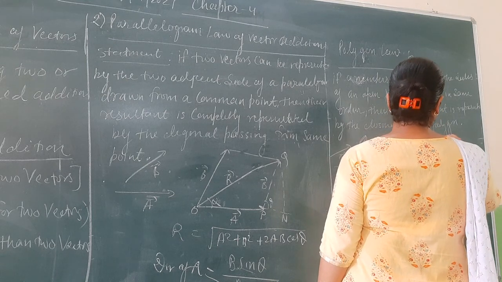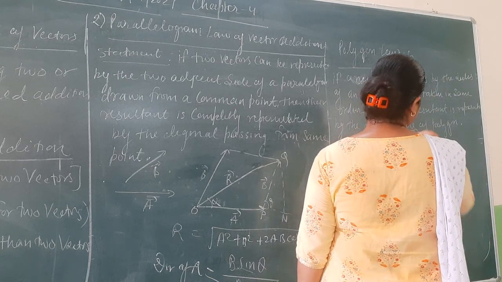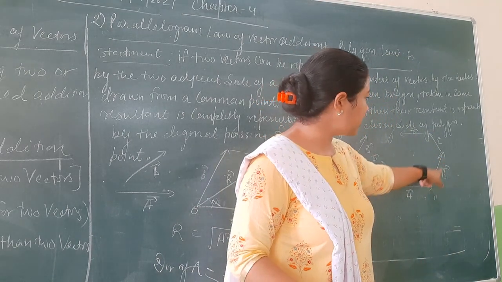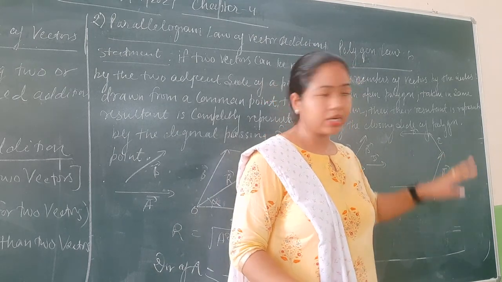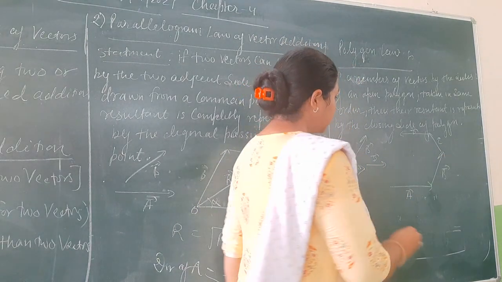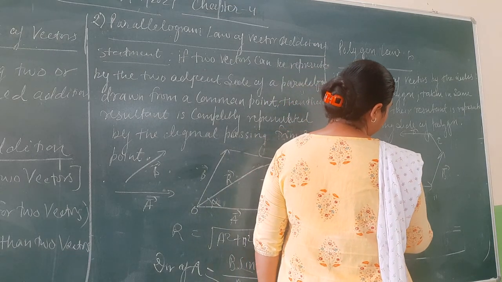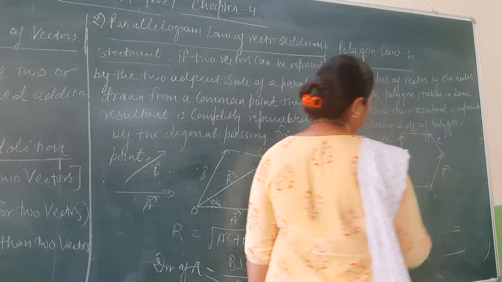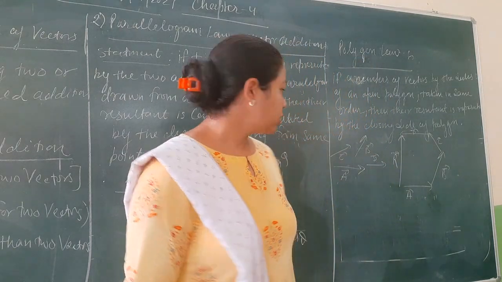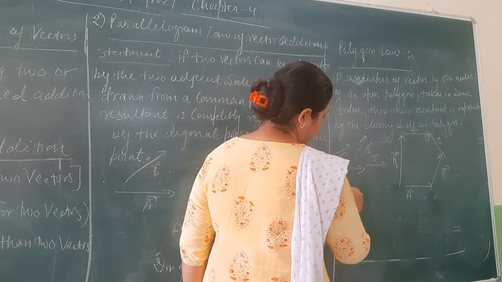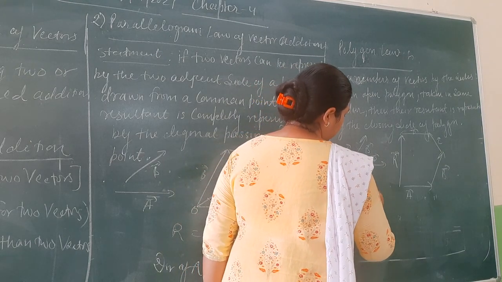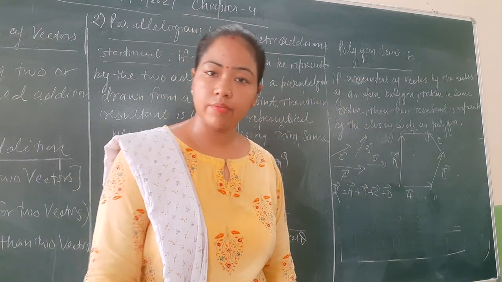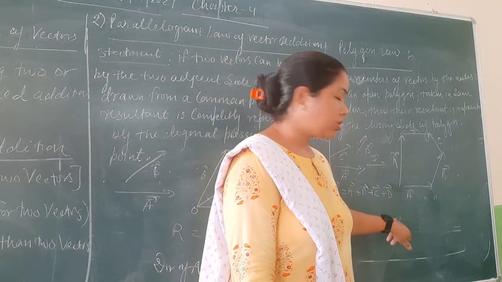This is vector C and this is vector D. So all vectors represent the open sides of the polygon and are taken in the same order, because the head of one vector is connected with the tail of another vector. Then the resultant of all these vectors will be represented by the closing side of the polygon, that is vector R, right? So R will be equal to vector A plus vector B plus vector C plus vector D, right?